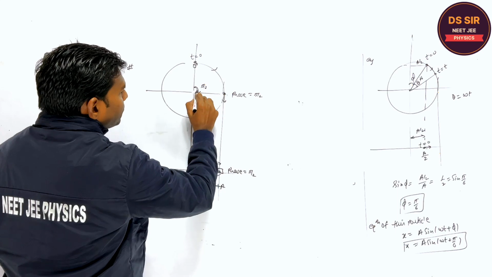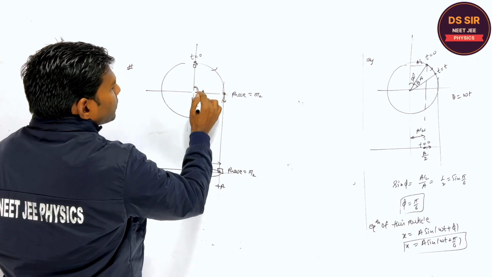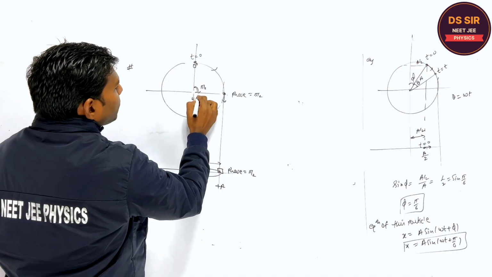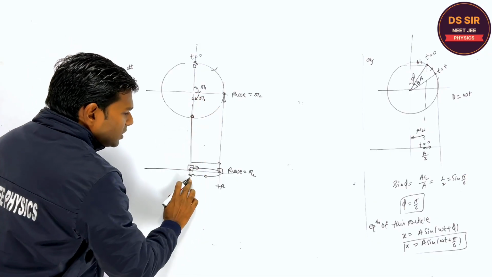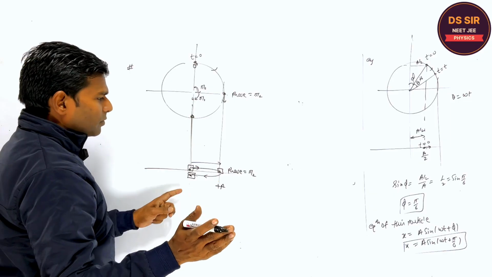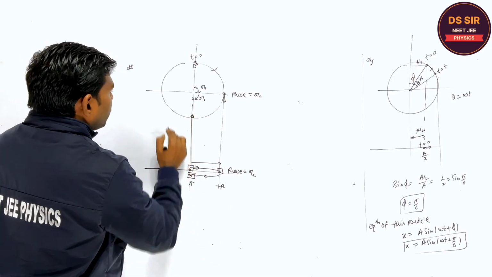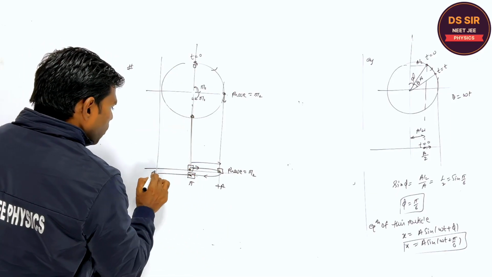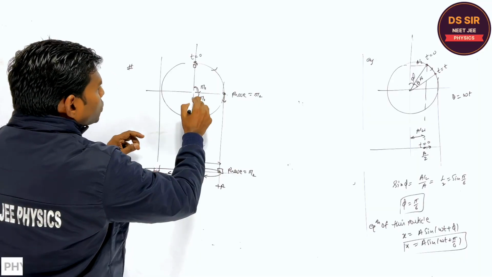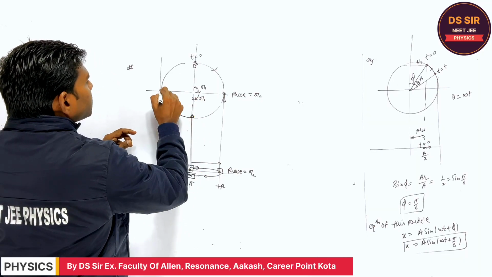You tell. This is pi by 2, and further pi by 2. Tell me, what is the phase when it comes back to its mean position? Pi. Very good.